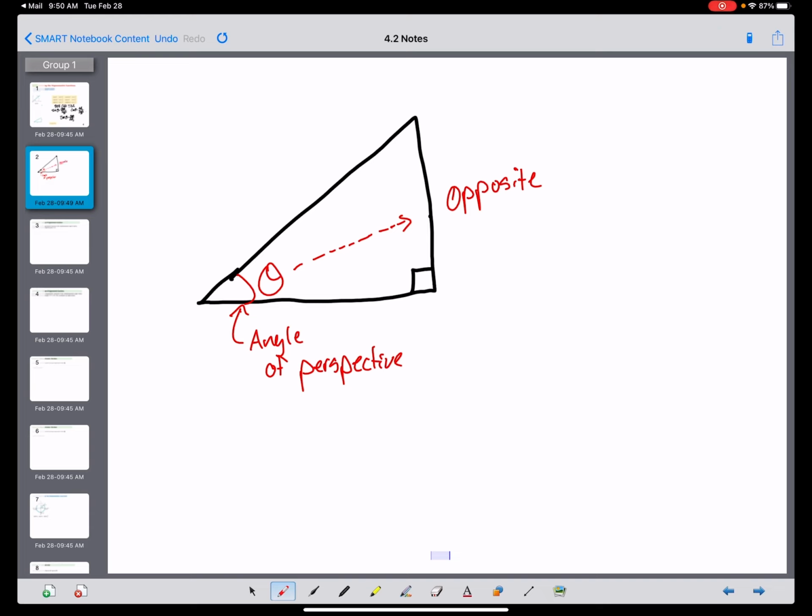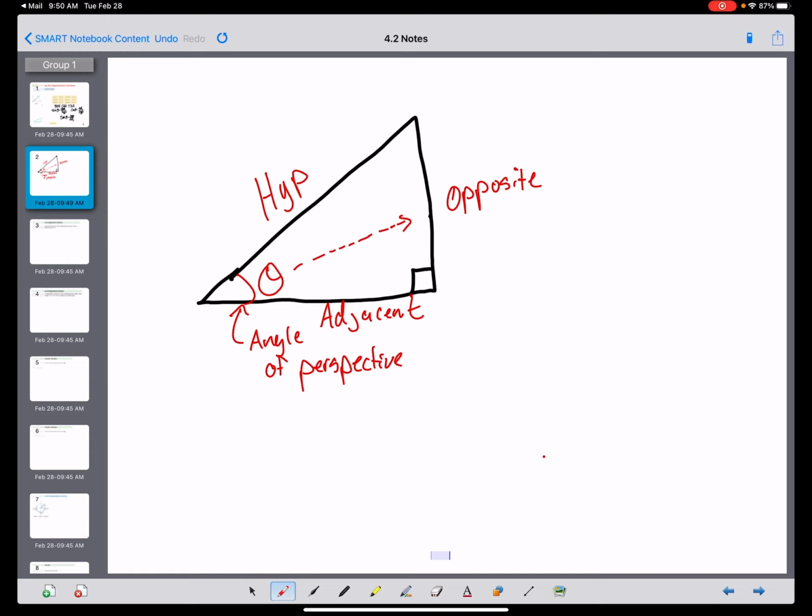Then your adjacent is directly touching your angle of perspective, and it's not the hypotenuse. The hypotenuse is just like it's always been, the longest side of any right triangle.